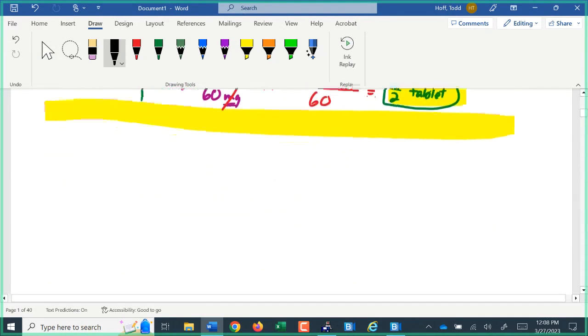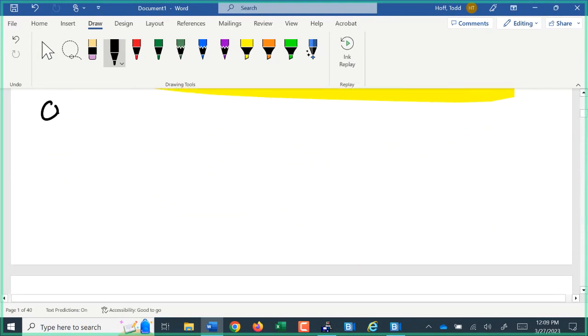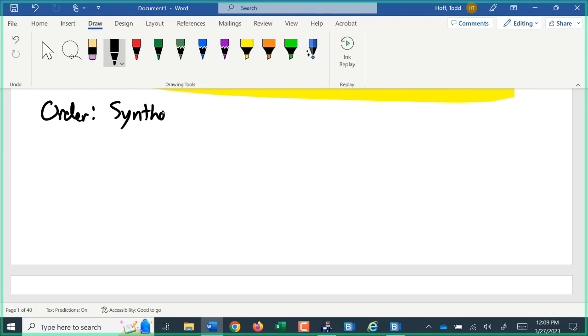Okay, next example. We're going to have an order for Synthroid, 0.125 milligrams, PO daily. So the daily there just means once a day, PO means orally.